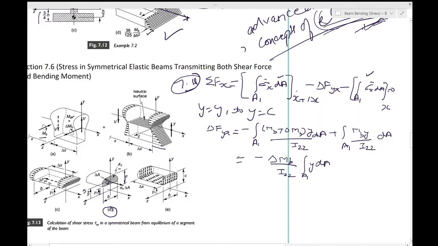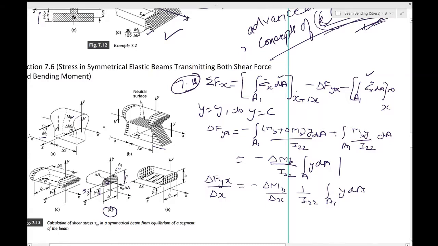Okay, now if you divide both sides by delta x, you would be able to write delta fyx by delta x equal to minus delta Mb by delta x times 1 by Izz times the integral of y dA.